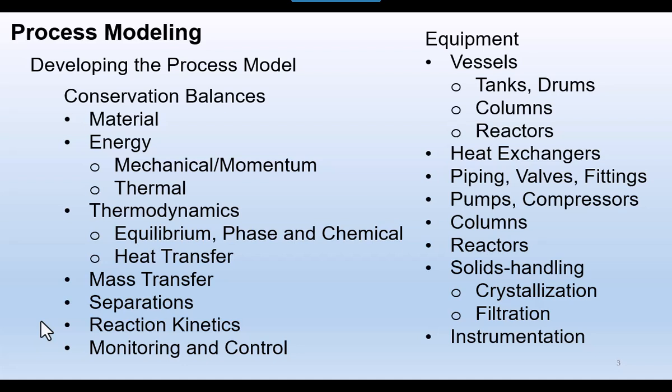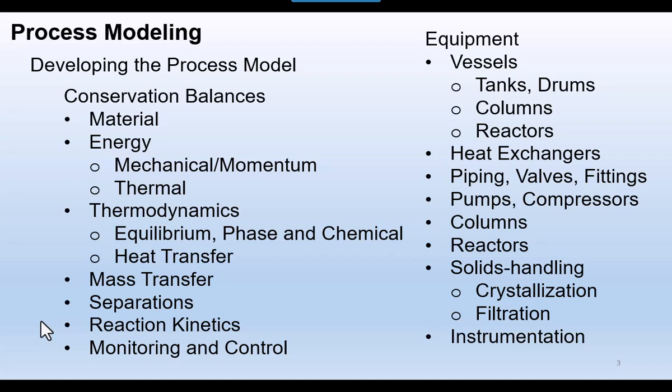chemical engineers, the conservation balances, material and energy, and thermodynamics, mass transfer. We deal with separations, reactors, and reaction kinetics. And if we are studying dynamic behavior, we often deal with monitoring and control.